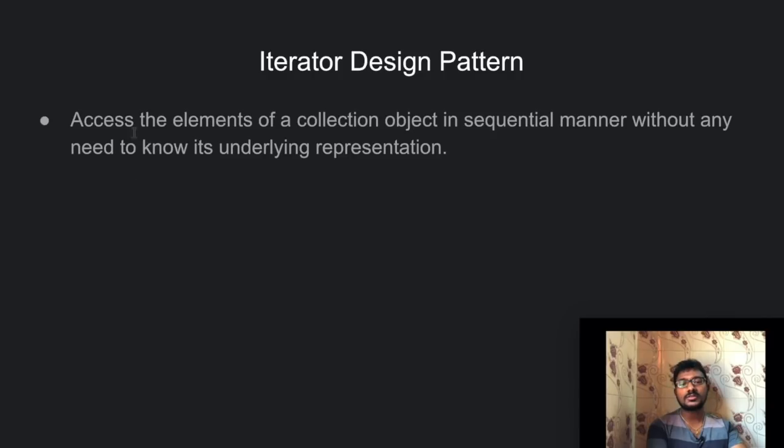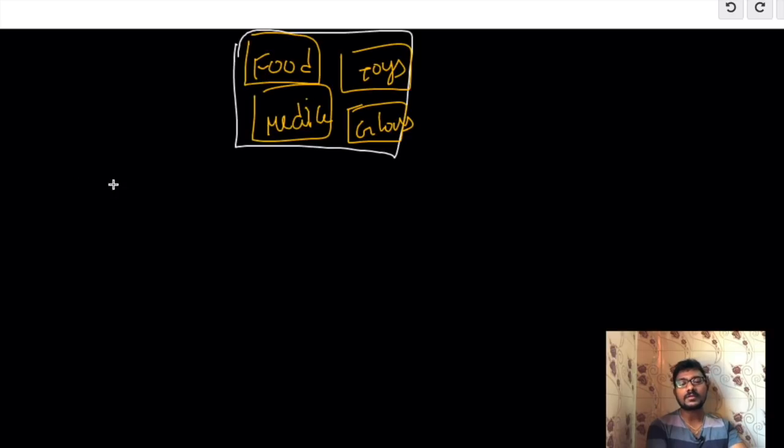So this point states that we access the elements of a collection object in a sequential manner without needing to know the underlying representation. If this container needs to be delivered to some person in Chennai, this is that person, the owner who has bought this container.